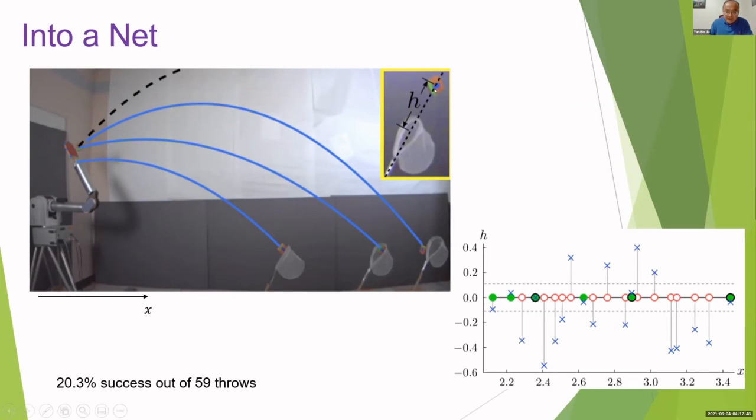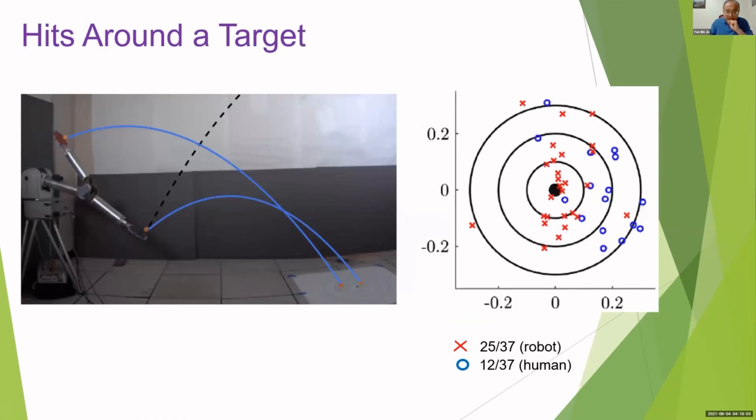Even though we're using a launcher, and the situation is better, because this is not a spherical object, we had a success rate of 20%.